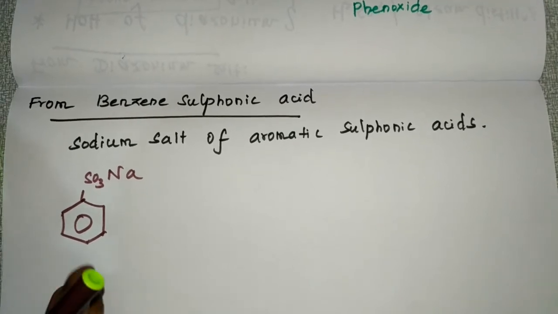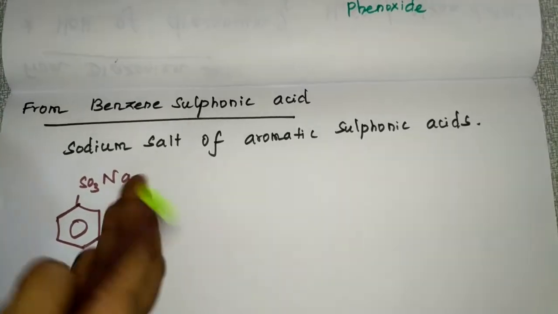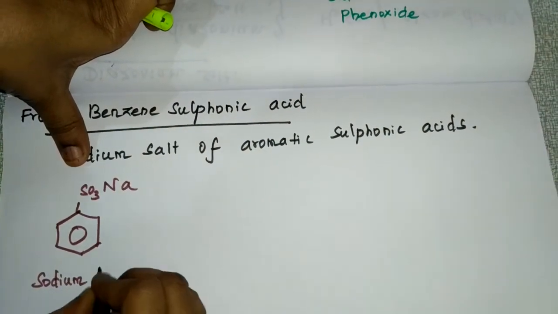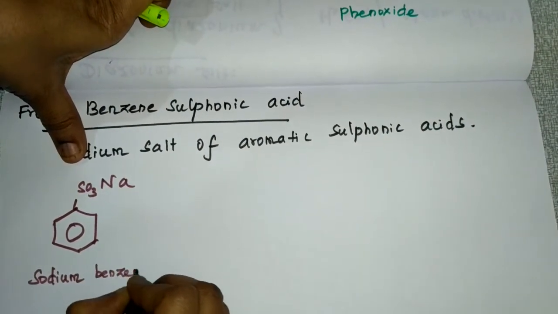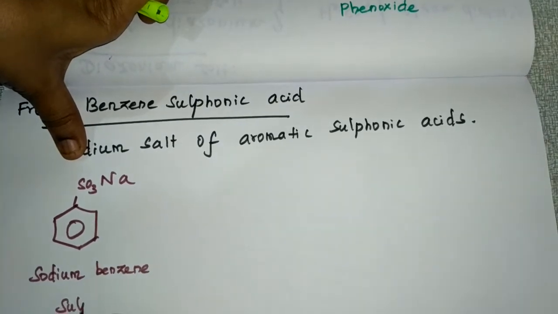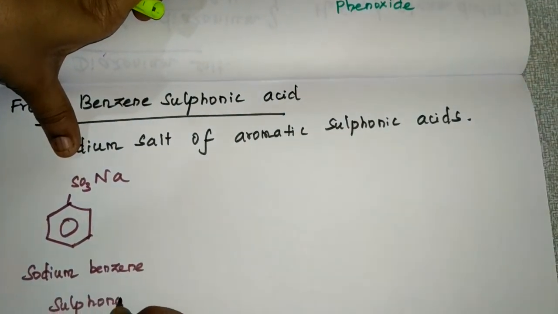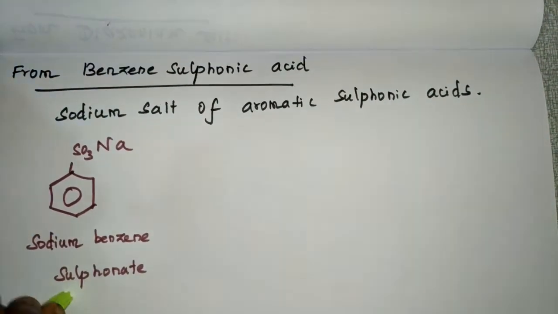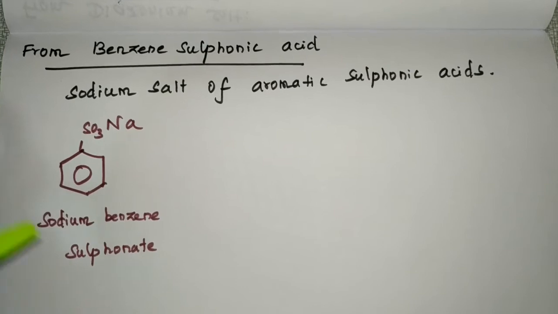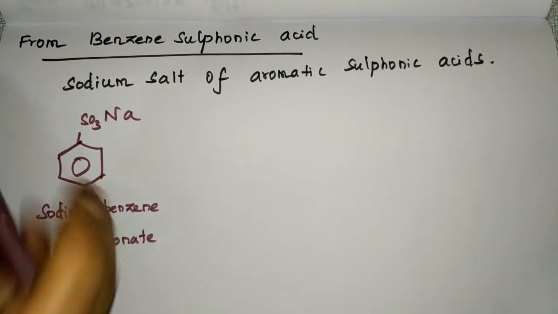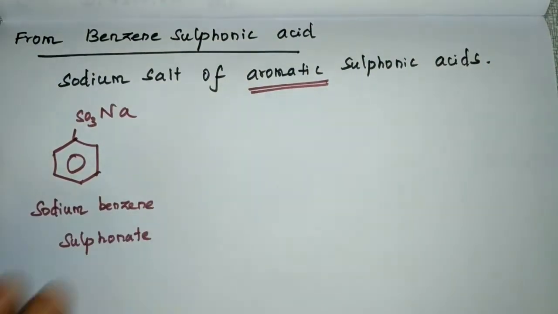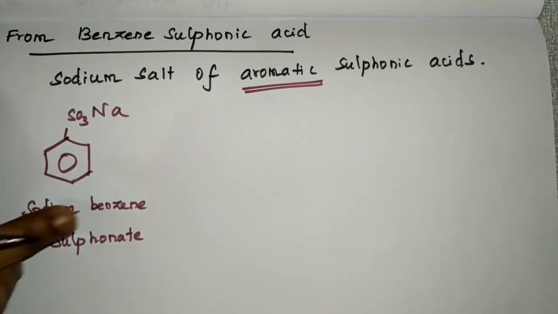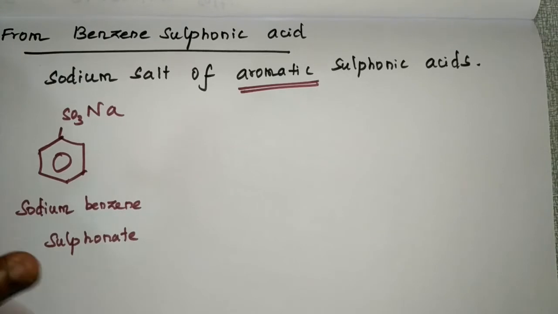So this is nothing but sodium benzene sulfonate, or the sodium salt of benzene sulfonic acid. Aromatic is nothing but benzene. Okay. So this is the sodium salt of benzene sulfonic acid.